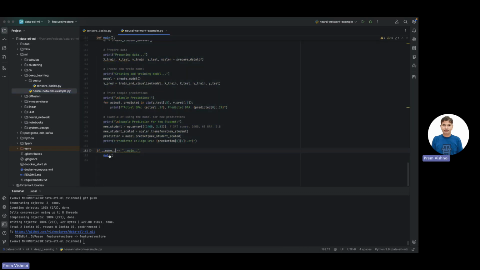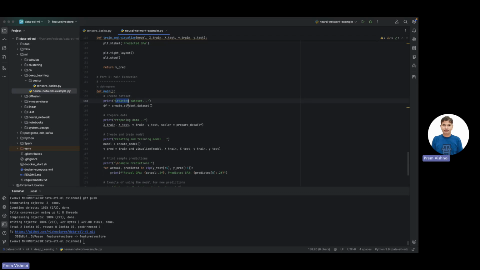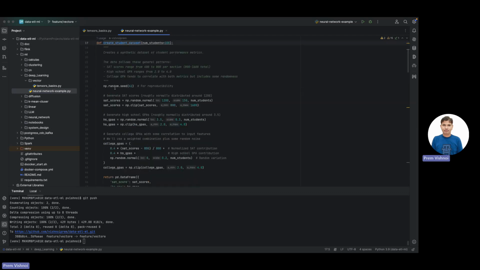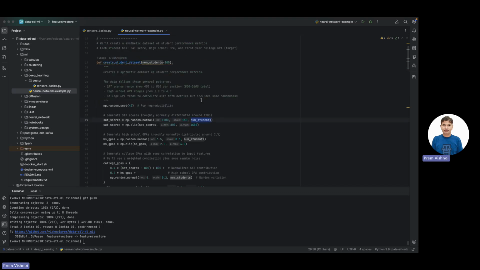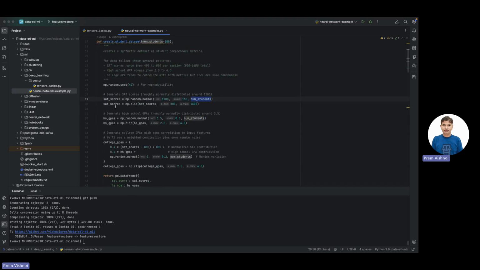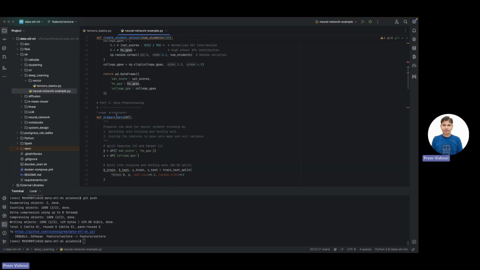Okay, so let's go through this neural network example. It goes to main and creates datasets. Create datasets is here. We use a random number for the test scores, location 12, scale up to 150, and the number of students is 100. Basically it's generating data.